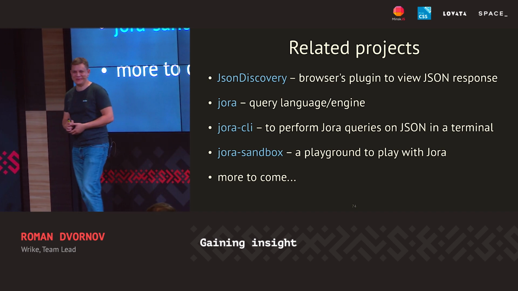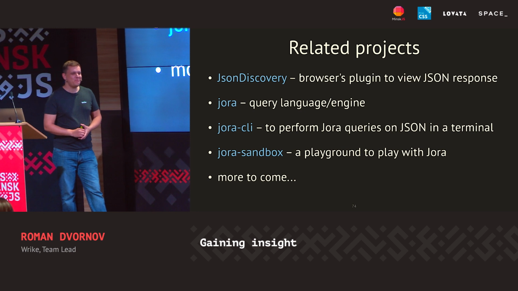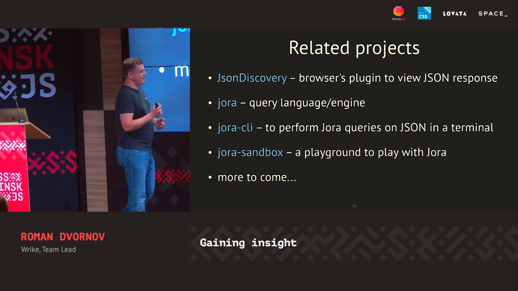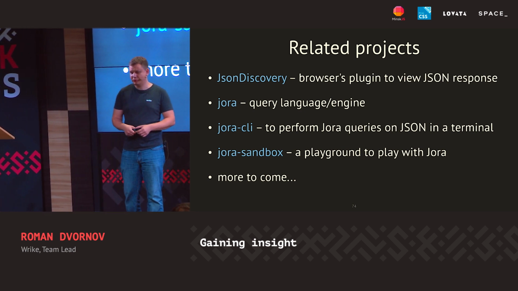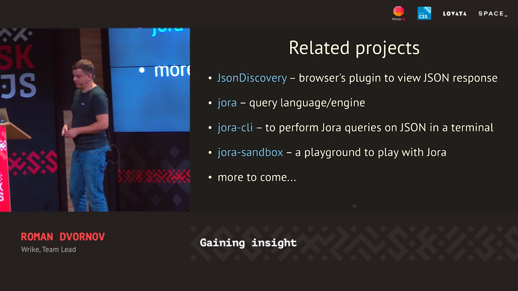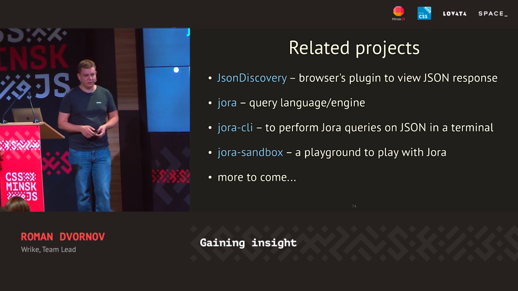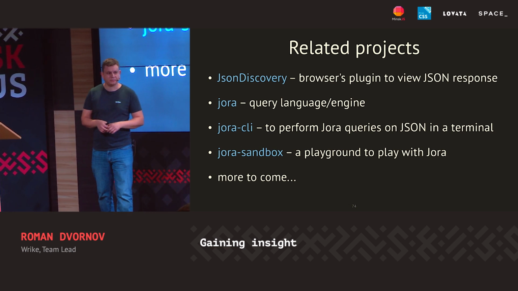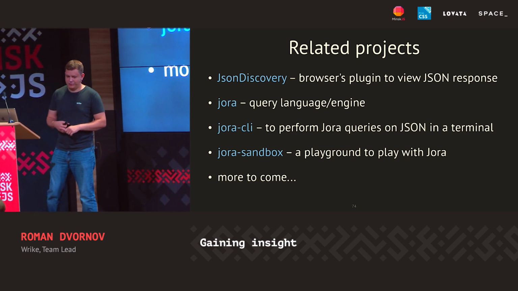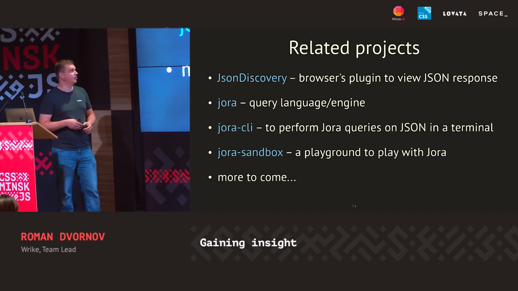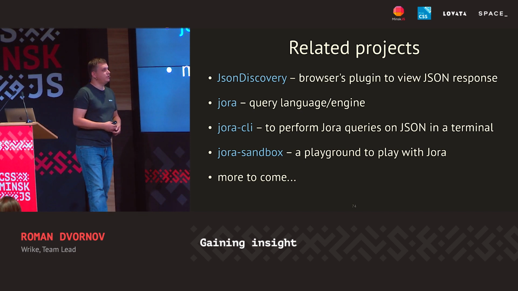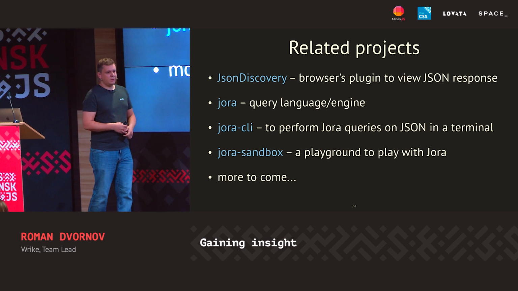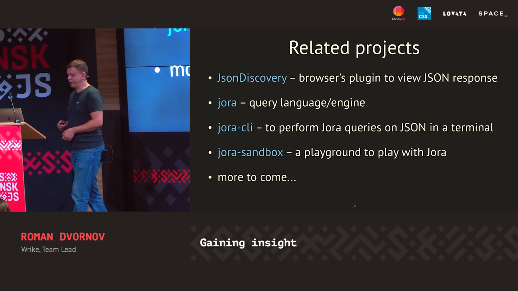Yeah, it sounds a lot like Jora. This language is used to transform data. So you may have seen on previous slides when we select some cards from our data set. And also you can perform Jora queries in the command line using Jora CLI, and so on. So many things to come.